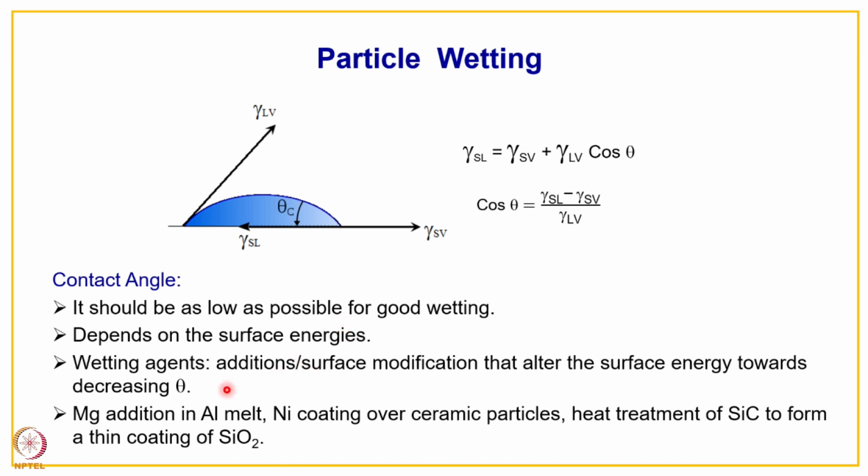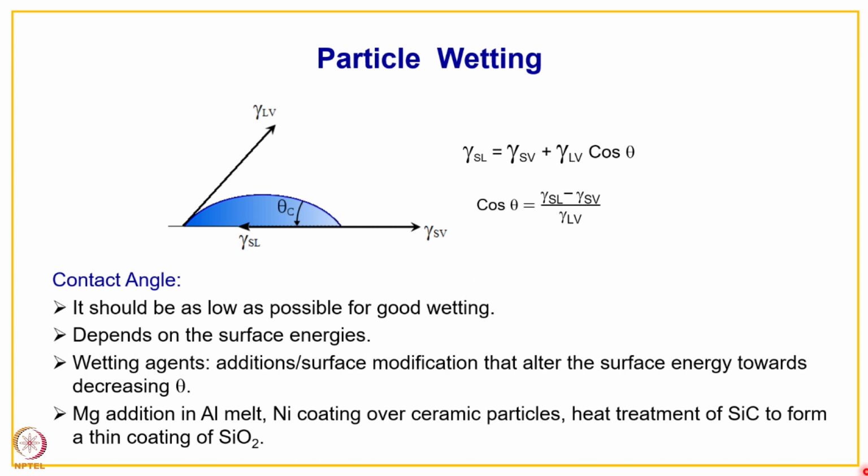And as I said, you might have a ceramic surface which is not good for wetting with liquid aluminium. And therefore, if you add those kinds of ceramic material, chances are bonding will not be good. Okay. So you will have to modify the surface and make it conducive for aluminium to wet it. Okay.